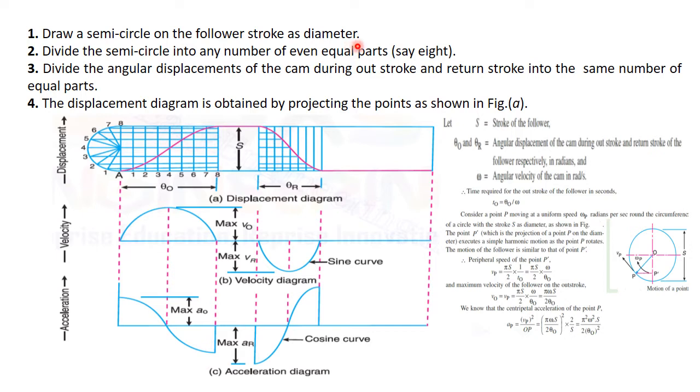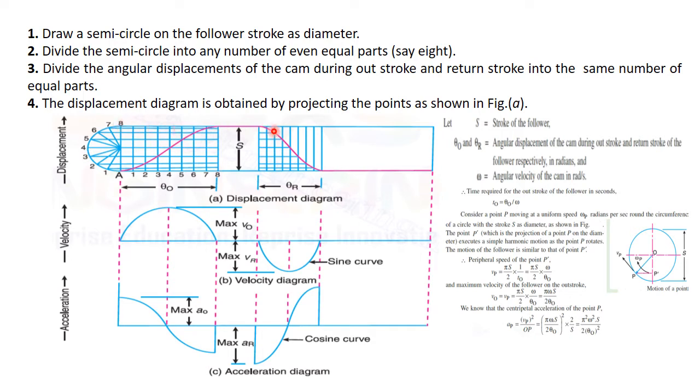It means that if S is the stroke length of the follower, then we draw a vertical line whose length is equal to S. If S is very large, then we can scale it and draw a semicircle, and that semicircle is divided into even parts. Here you can see that the semicircle is divided into 8 parts.